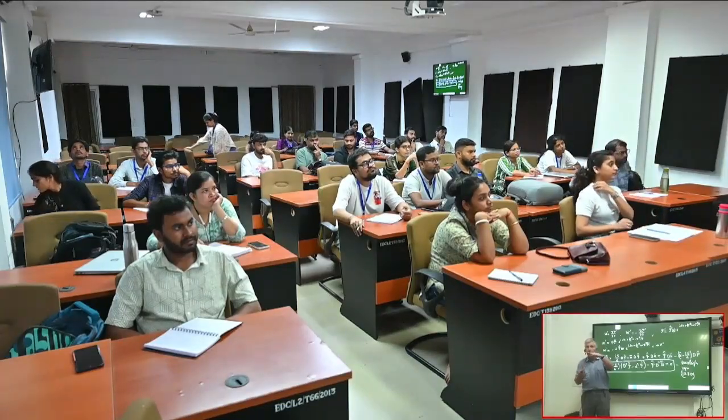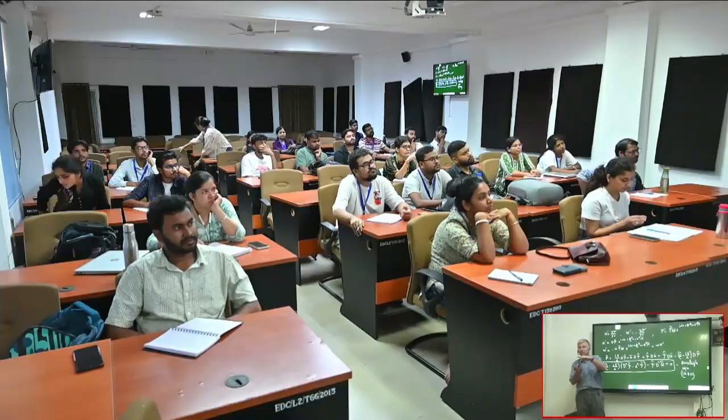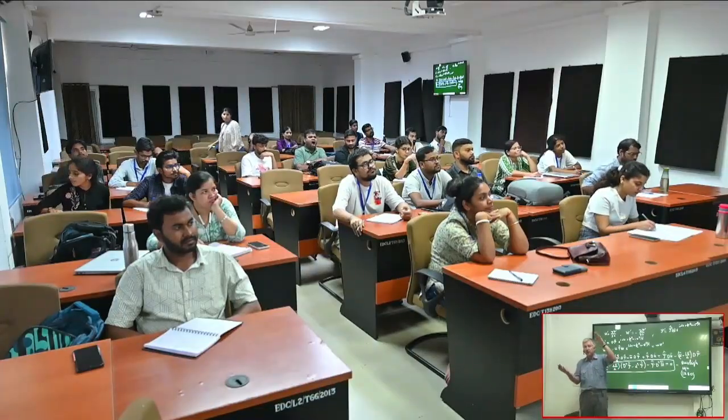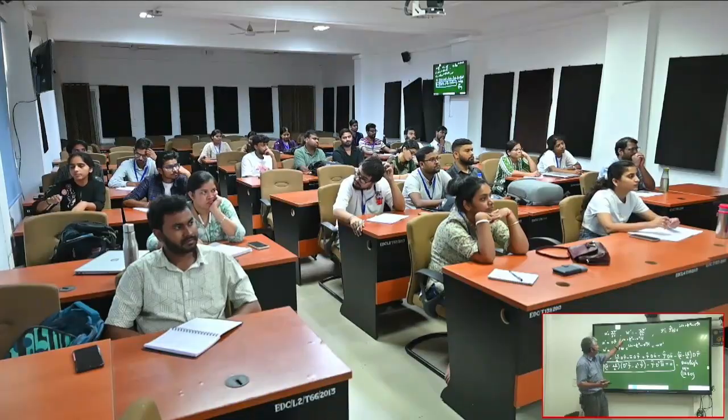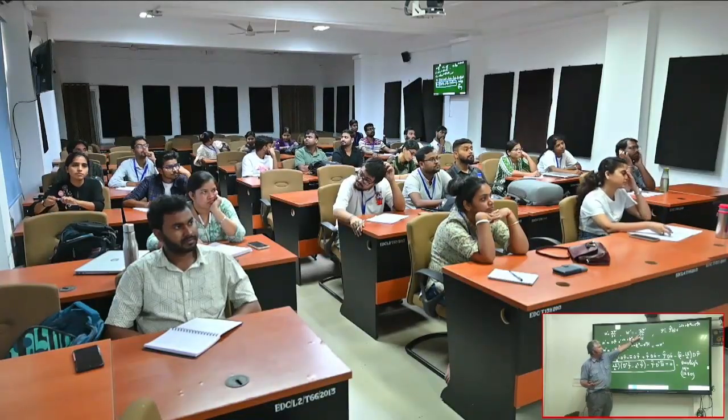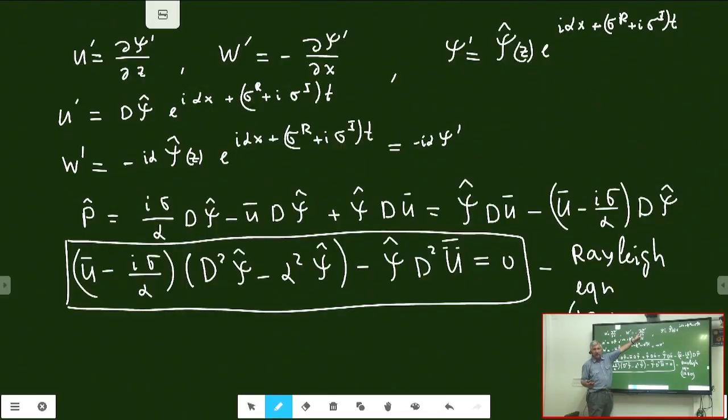Yes, W, the velocity component in the Z direction, has to vanish at the boundaries. So what is W? W is given by the x derivative, right? So what is the x derivative? The x derivative is given by this. See that? So what we see here is that it is the stream function itself simply multiplied by a constant.